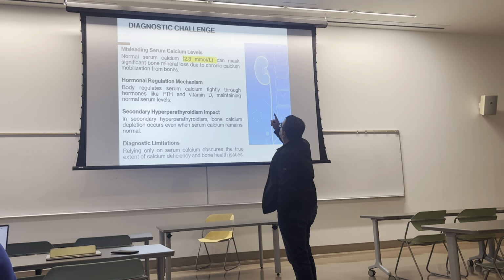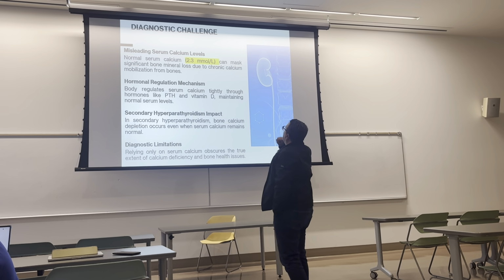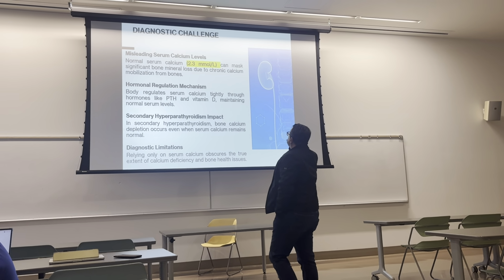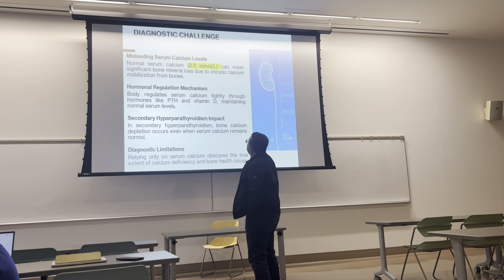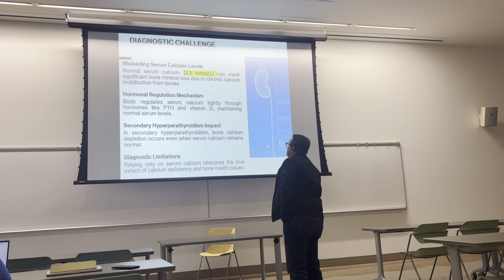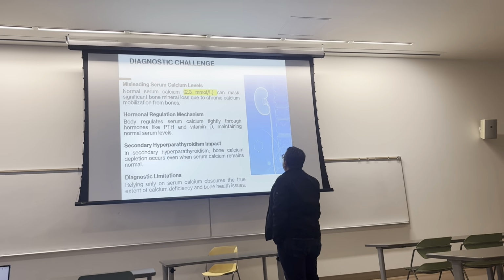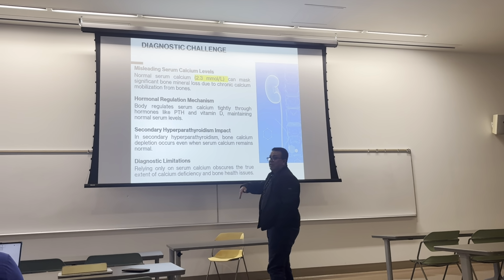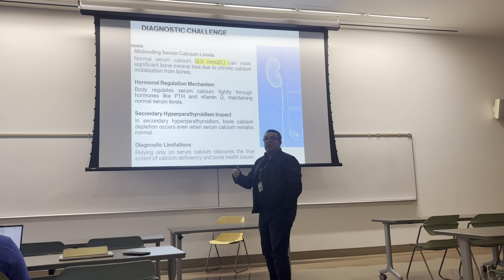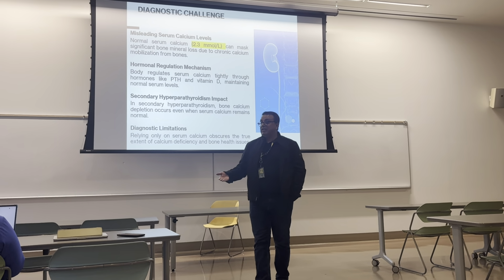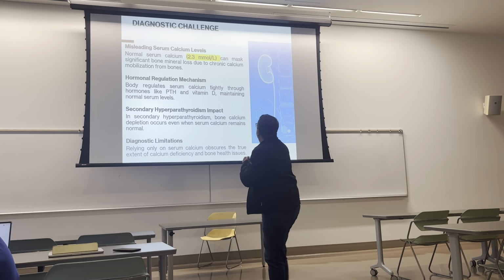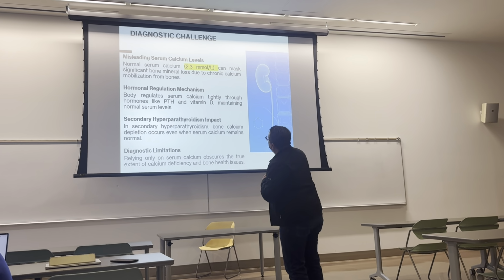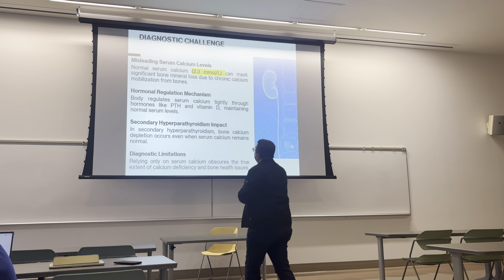So it looks normal. Hormone regulation mechanism: the body regulates the serum calcium tightly through hormones like parathyroid hormone and vitamin D. So we can see elevation in the parathyroid, which is another indication. So we have maintaining of the normal serum level.